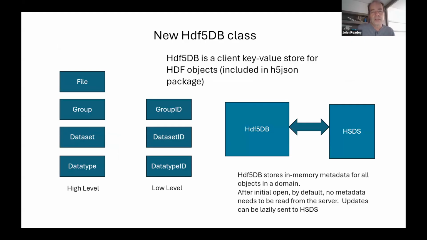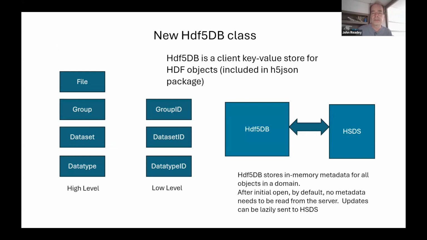So part of h5json is this new class that we developed for this release called HDF5DB. And what it is is a key-value store for HDF objects. So each object, a dataset, a group, a data type, has an object ID, and that's the key in the DB class.